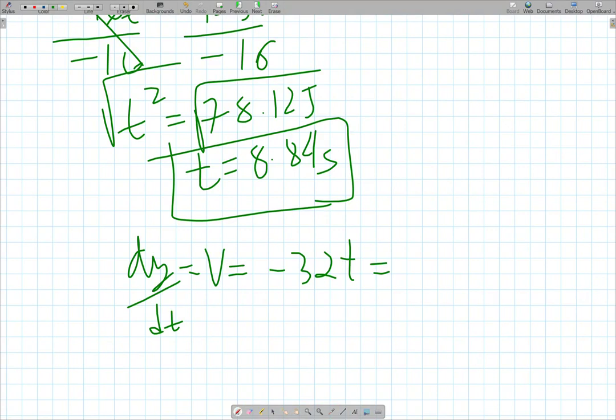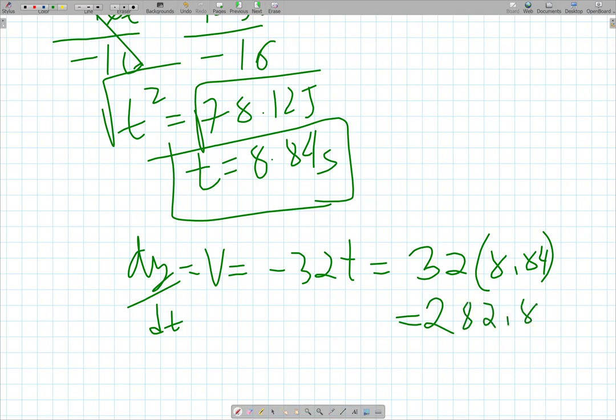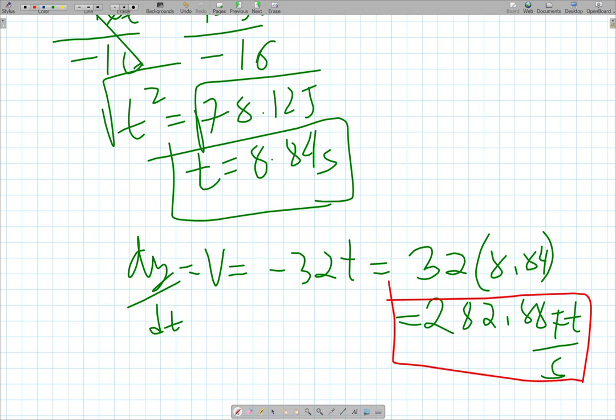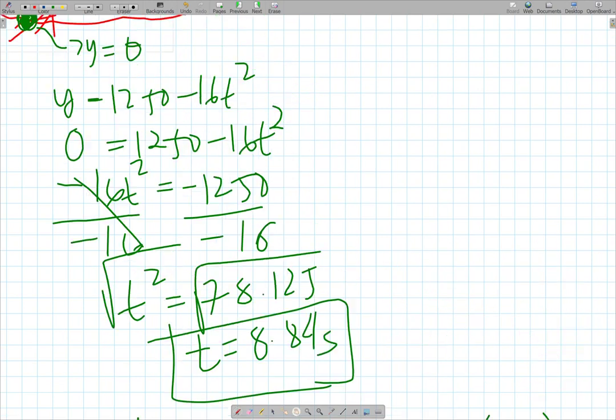Okay, so 32, ang ibig sabihin lang ng negative is going downward, times 8.84 seconds. How much? 32 times 8.84, that is 282.88 feet per second. Ayan, no? Yan ang answer natin sa pangalawang tanong sa letter B.